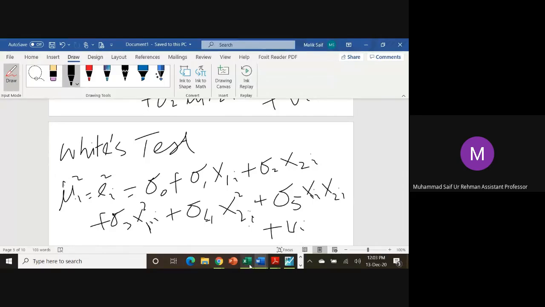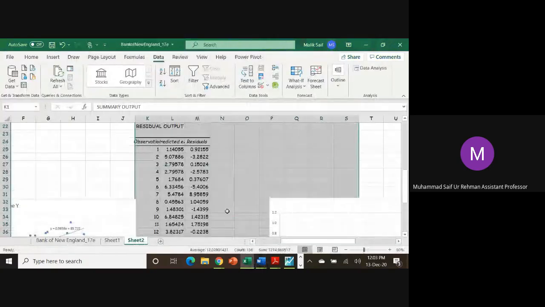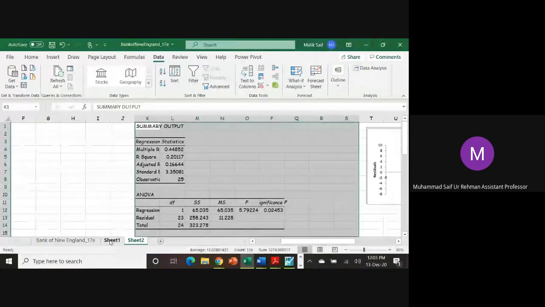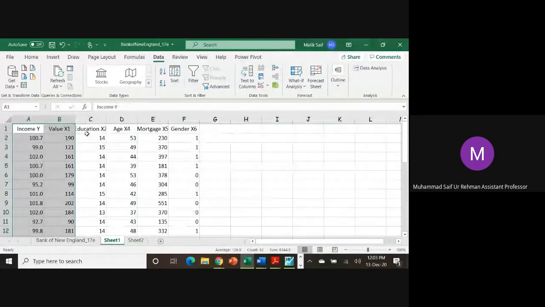So if you are here in Excel, and these are the series, and you are going to take into account x1 and x2, these two series.